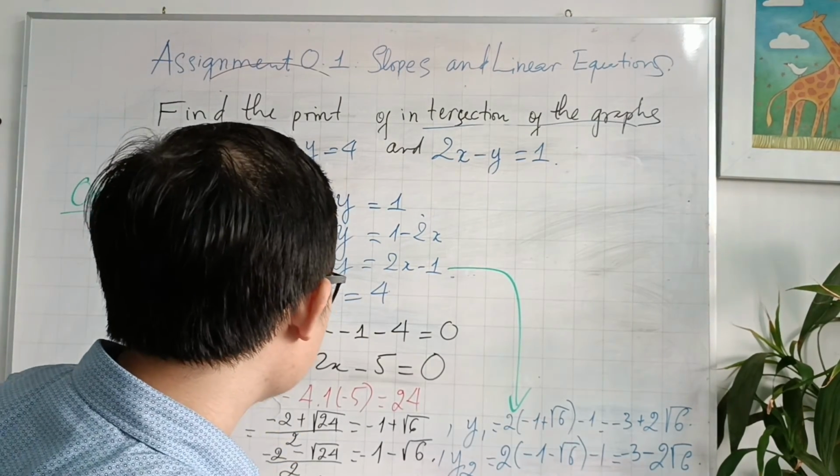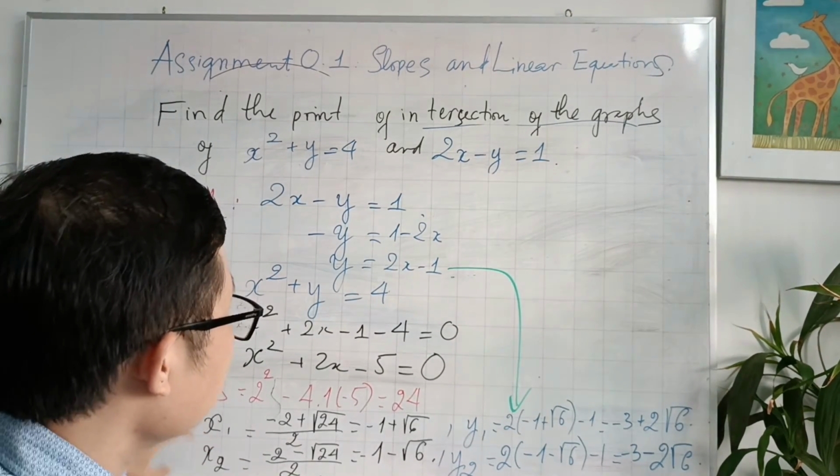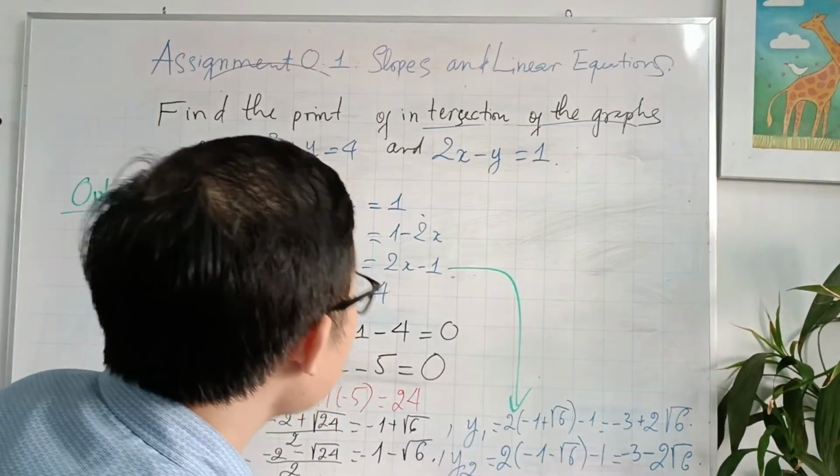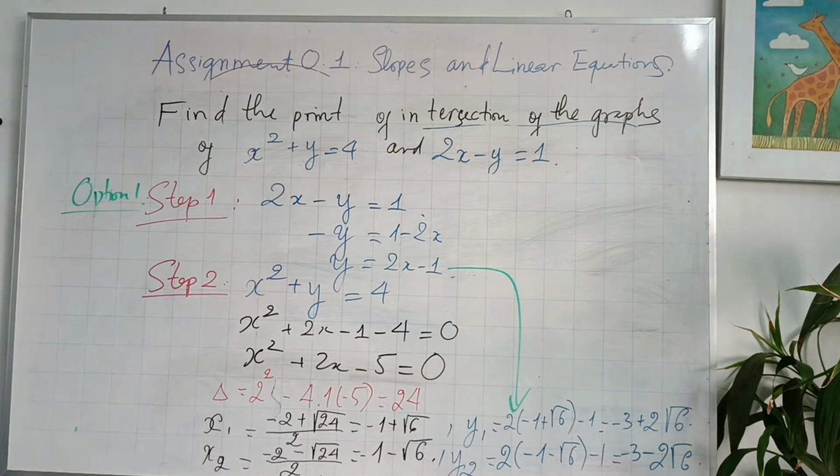I reviewed some formulas of quadratic equations. And so we have two points of intersection.